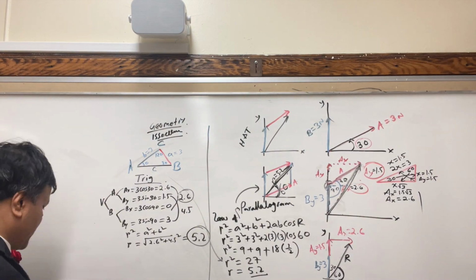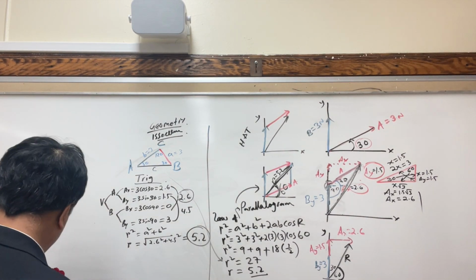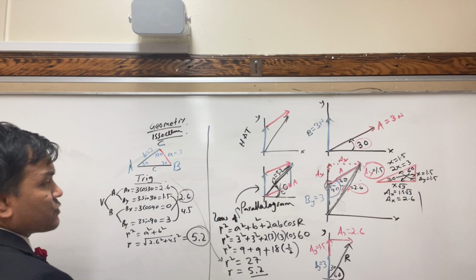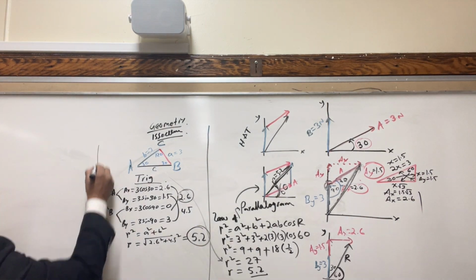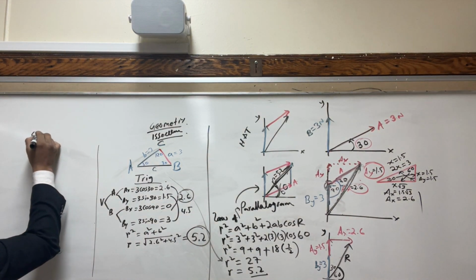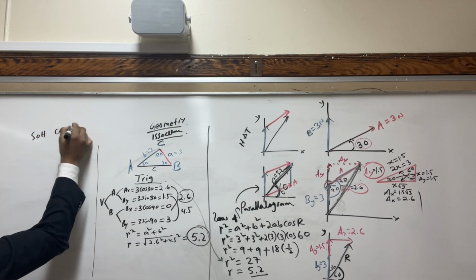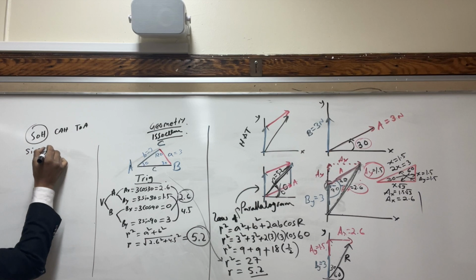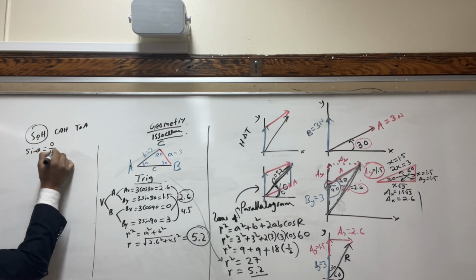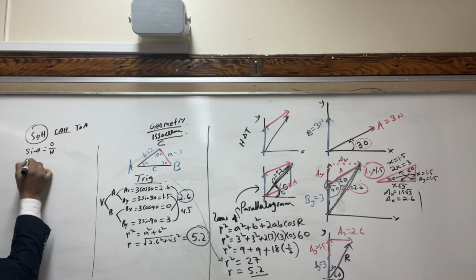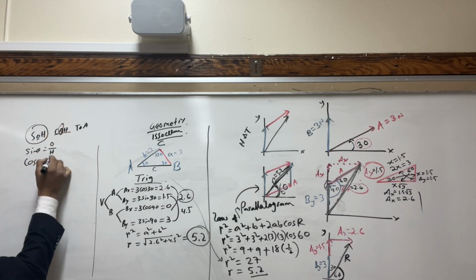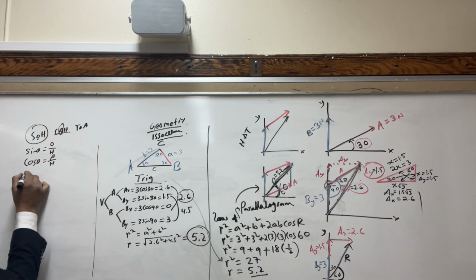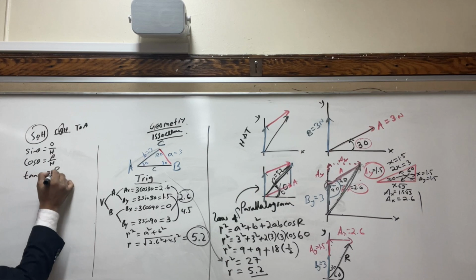Now I'm going to show you SOHCAHTOA. So let's do the SOHCAHTOA over here to find the angle. Sine theta is equal to opposite over hypotenuse. Cosine theta is equal to adjacent over hypotenuse, and tangent theta is equal to opposite over adjacent.